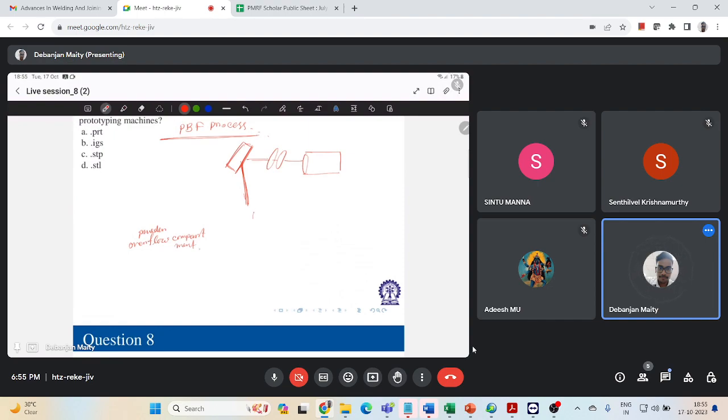Then you have the build compartment, and then you have the powder sheet compartment. So these are my three compartments over here.